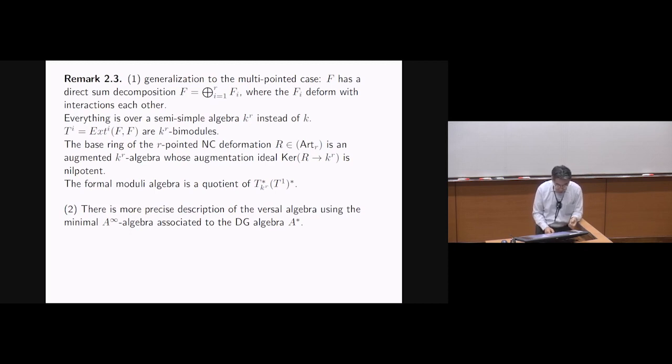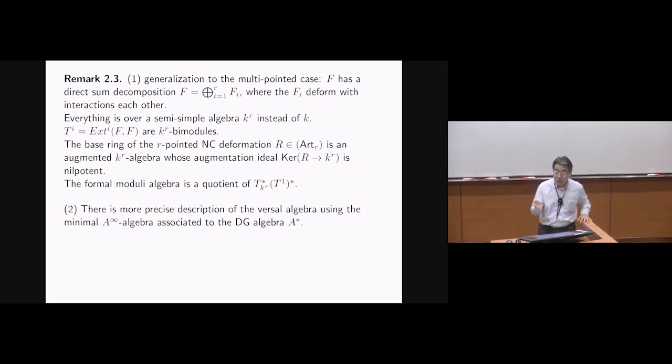And the second remark is that there is a more precise description of the versal algebra using the minimal A-infinity algebra associated to the DG algebra A^*. So a DG algebra has a lot of redundancies because the differential is non-trivial, so there is a kernel, and in order to get the cohomology, you need to divide out by the kernel.